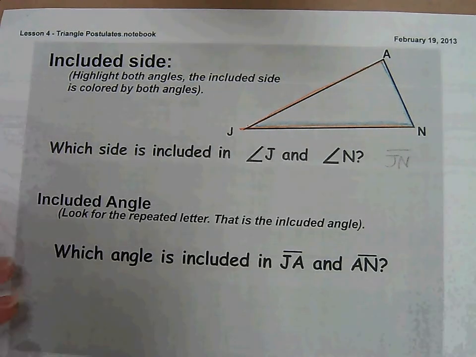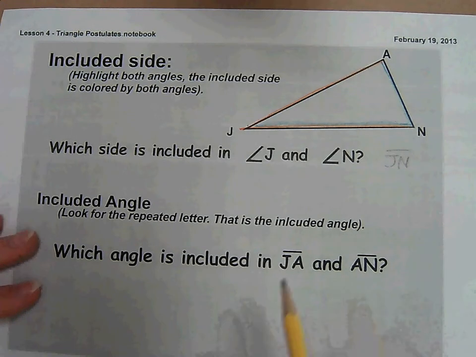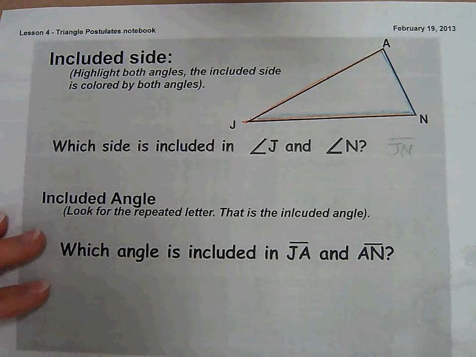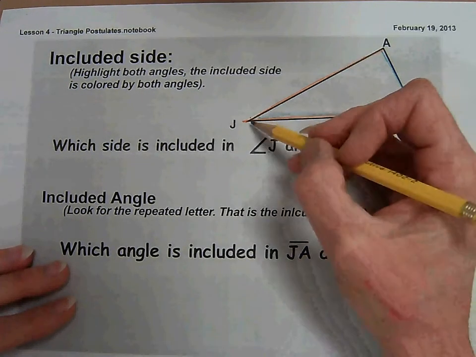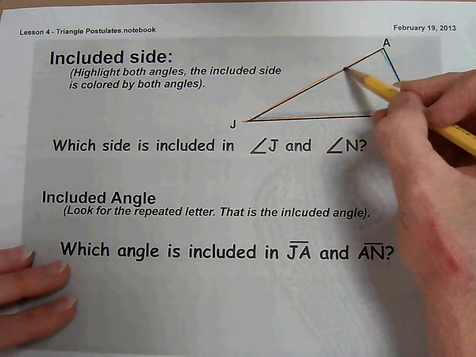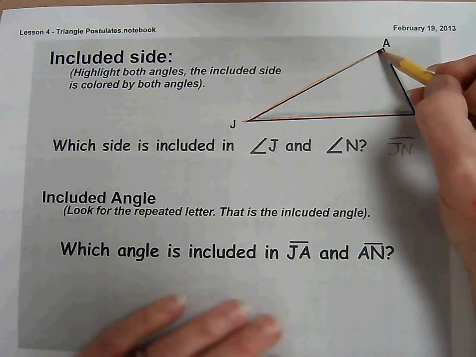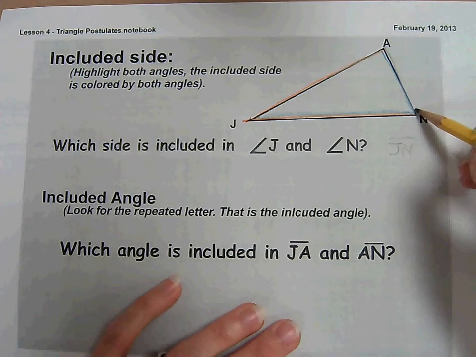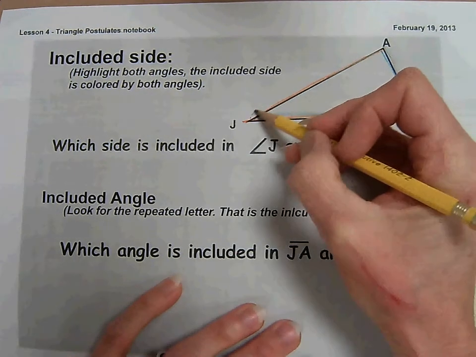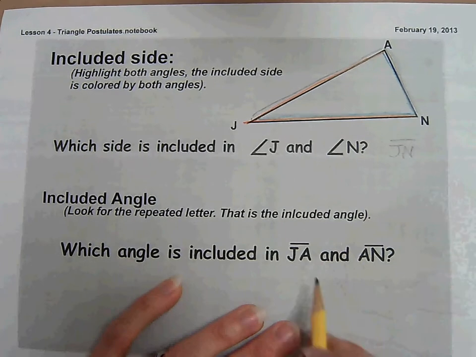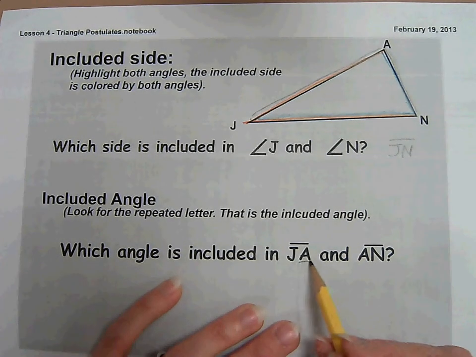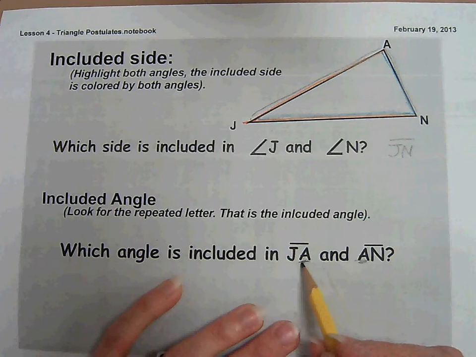Now, in addition to that, let's look at the included angle. If you're talking about sides now, such as JA and AN, what angle is formed by those 2 sides? Well, hint, it's the one with the repeated letter. It's the one in between them.